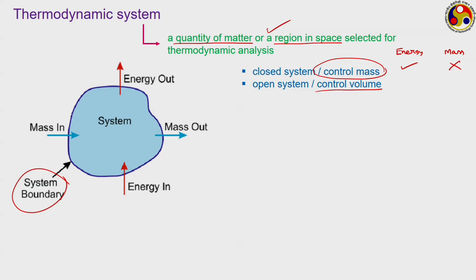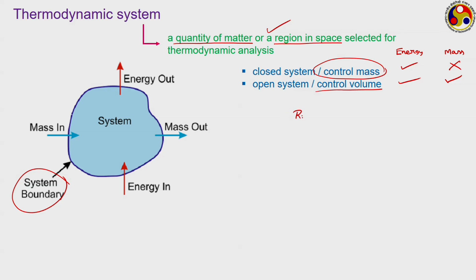For a control volume system we definitely can have energy interaction between system and surrounding, and we can also have mass interaction, because here we do not have any restriction about a fixed quantity of mass, but the volume has to be constant.